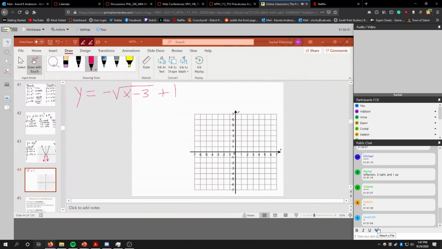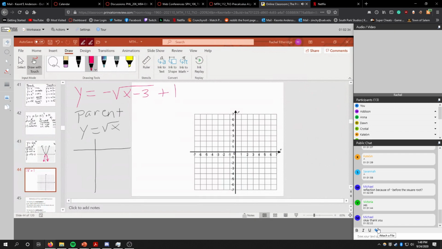Okay. Telling me that y'all agree with the people that typed reflection, 3 to the right, and up 1. That is exactly right. So you would start with your parent graph. So y'all have done this before, or either y'all catch on quickly, one of the two. So the parent is y equals square root of x.